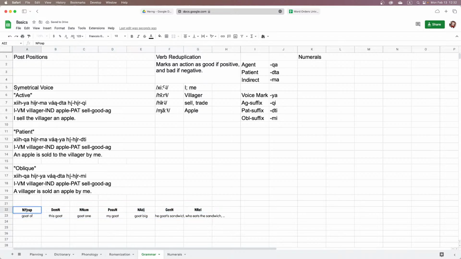So noun postposition, demonstrative noun, noun numeral, possessive noun, noun adjective, noun relative. Now, because I'm not going for realism, I think what I will do is put the adjective before, and then the genitive after the noun.